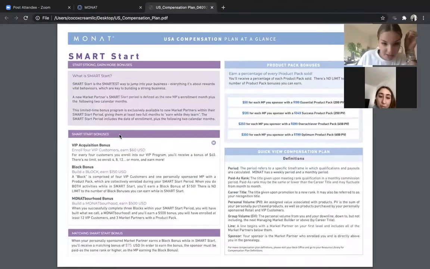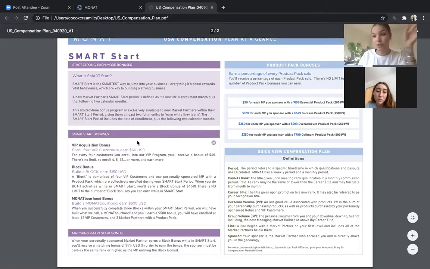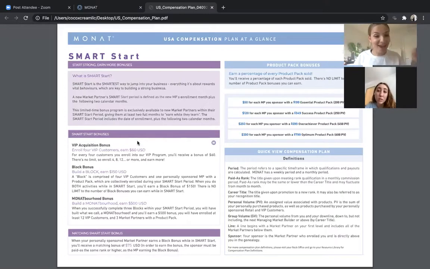Now we're going to get back to Smart Start. This VIP acquisition bonus happens in your lifetime. The perk about your Smart Start period is your VIP acquisition bonus is cumulative, so it's not only in 1 month. For your entire 60 days, you can get as many of these VIP acquisition bonuses as possible. So rack it up, girl.